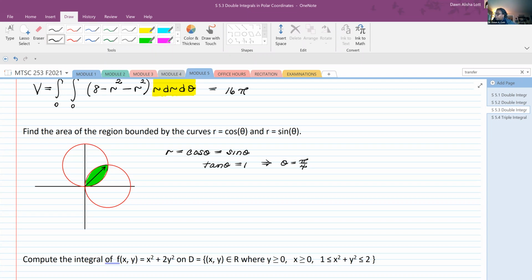When theta is between 0 and pi over 4, our radius goes between 0 and this curve, and that is the sine of theta.